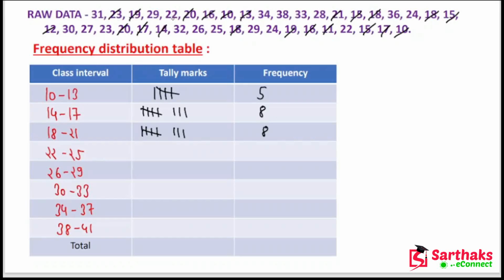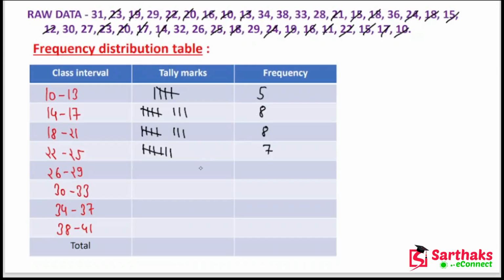So 1, 2, 3, 4, 5, 6 and 7. Right. So 1, 2, 3, 4, 5, 6, 7.